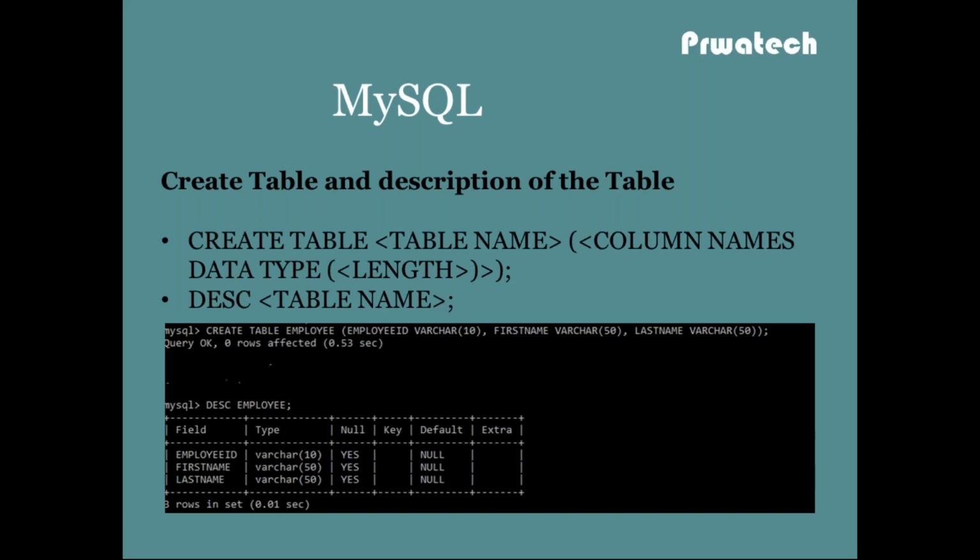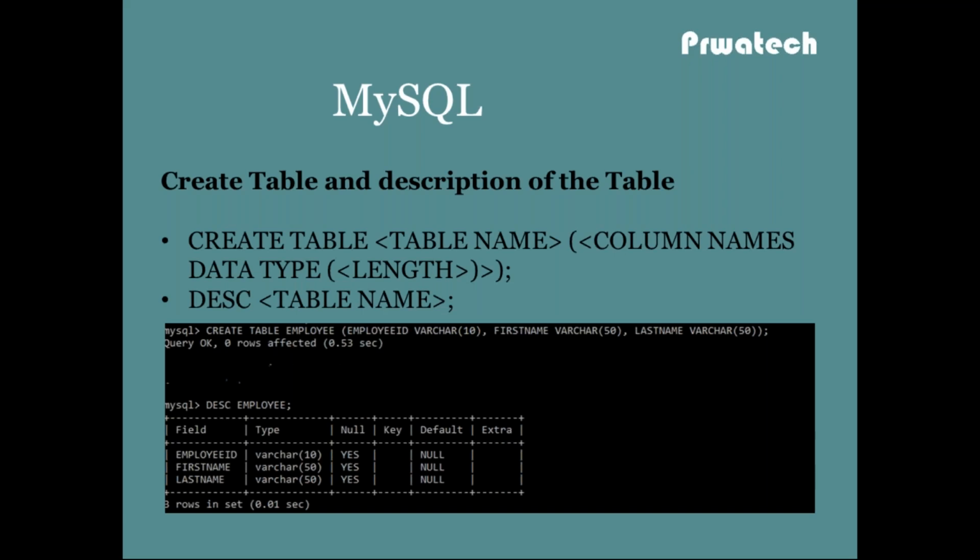To describe the table, we just put the syntax DESC, and then we write the table name and end the syntax with a semicolon. A screenshot has been provided. Please have a look. We have created a table named employee, wherein we have three columns.